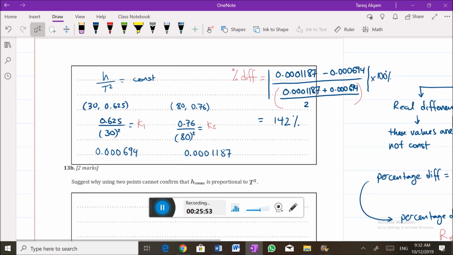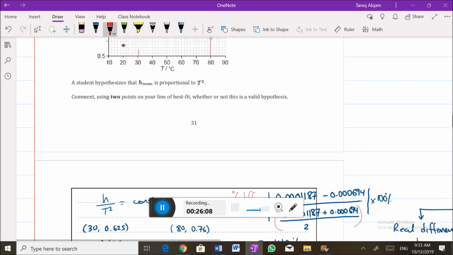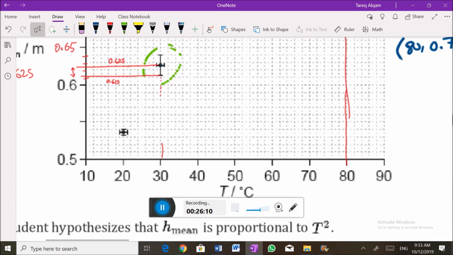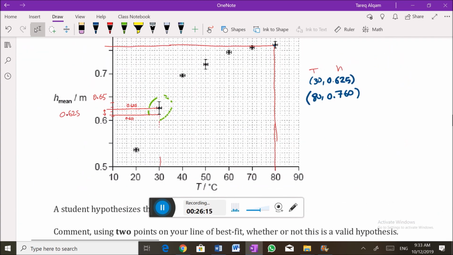Now, I did this calculation. The percentage difference, the difference between them over the average, I get 142%. It's very obvious that these two values are beyond the limit of experimental accuracy. Now, for practice, I have to find the largest uncertainty for my selection of the two points.